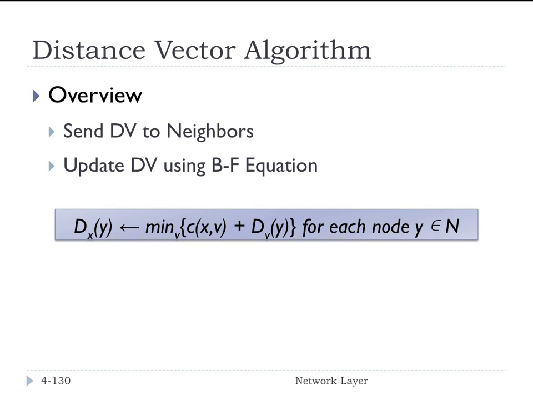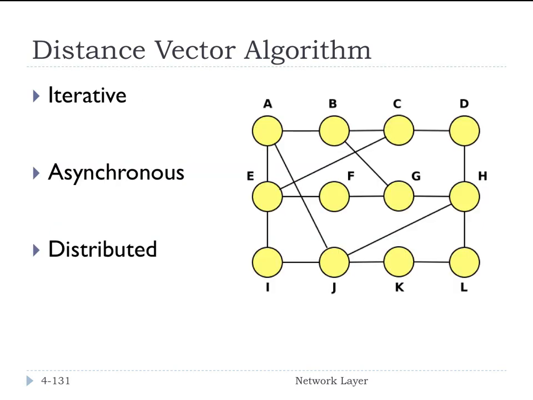And then we're going to repeat this process over and over again. And if things don't change in the network, this will converge. It will converge to the actual least cost path to each of those nodes. If a distance vector to any destination changes, then we have to notify our neighbors so that they can update their distance vectors. These are three important characteristics of the distance vector algorithm.